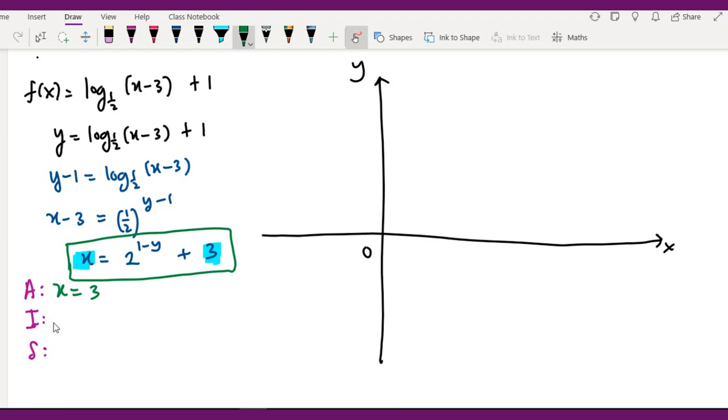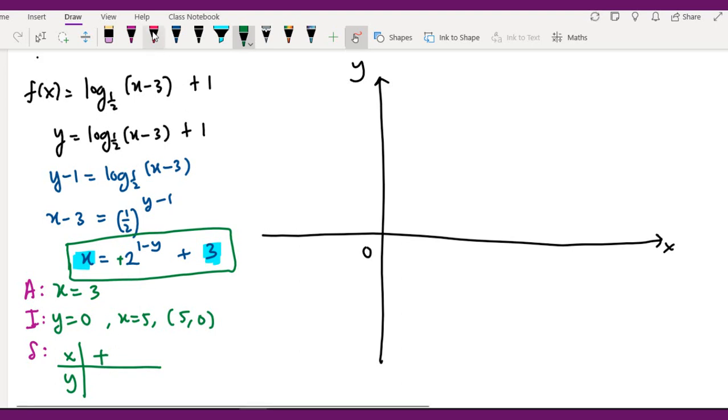To find the intercept point, let y is equal to 0, substitute 0, 2 plus 3, x is equal to 5, then the point is (5, 0). And the starting point, x, y: the value for x is positive.